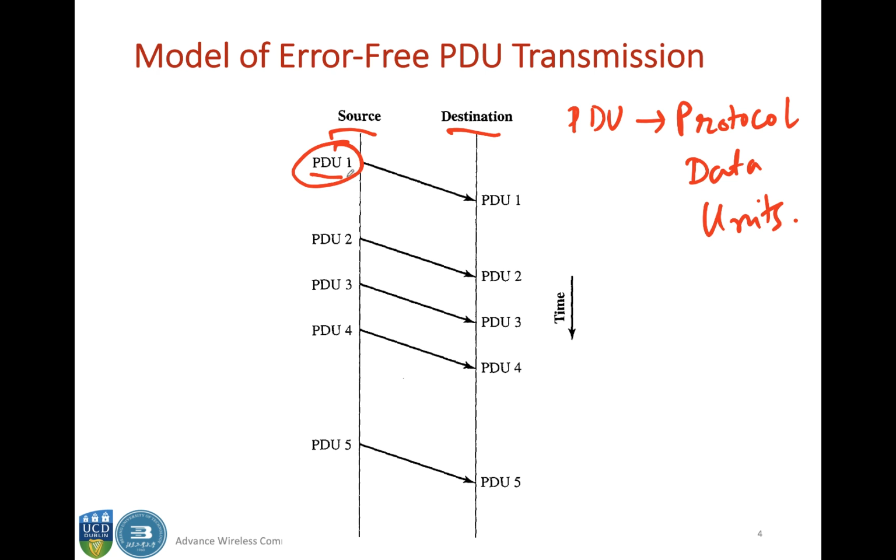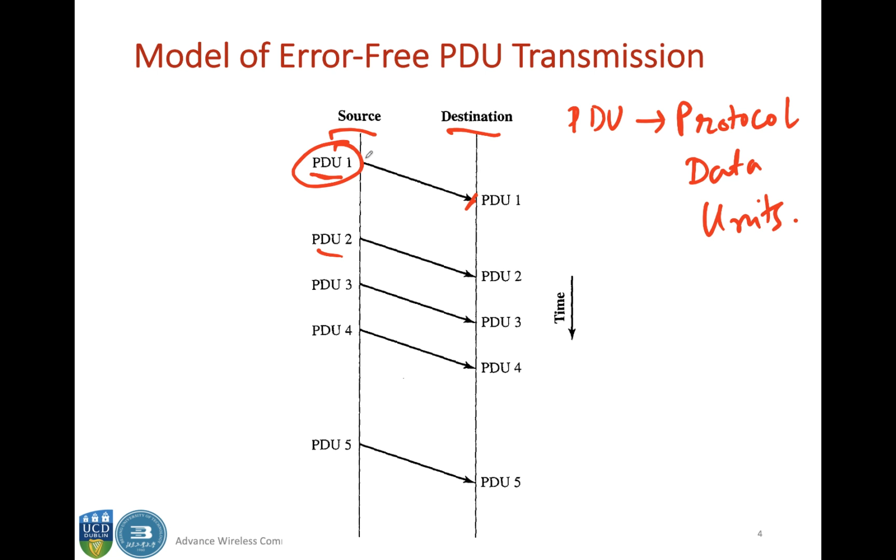These PDUs are transmitted, and let's assume that there is no error between the source and the destination. So this is a model of an error-free PDU transmission. Each PDU starts from the source, and after a certain time delay it reaches the destination.